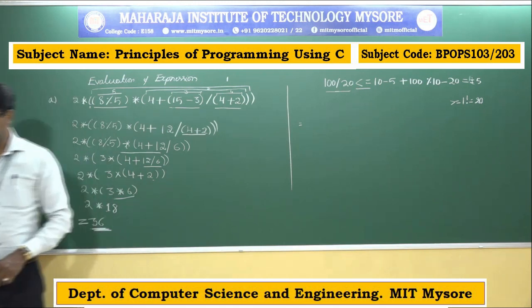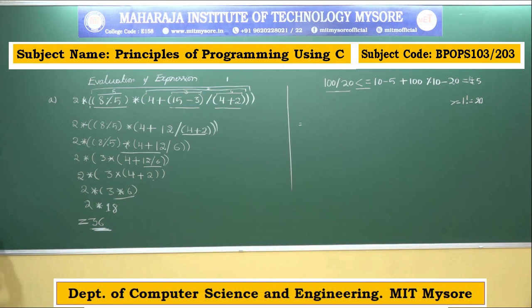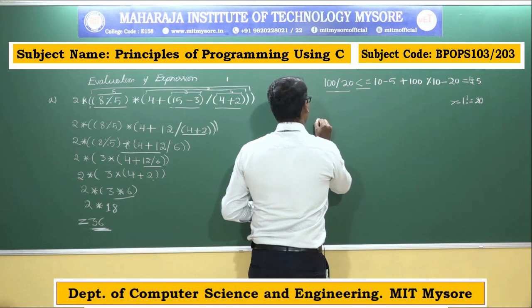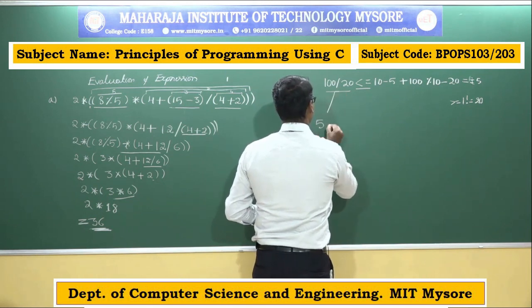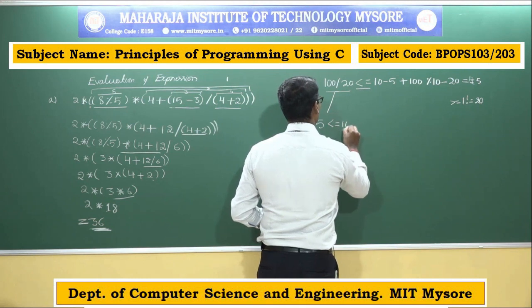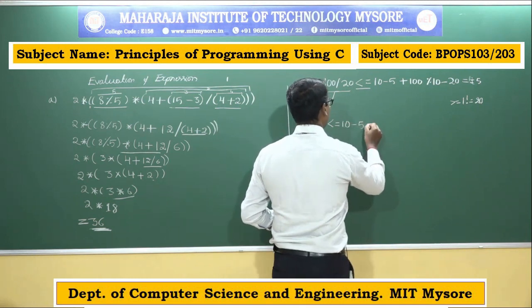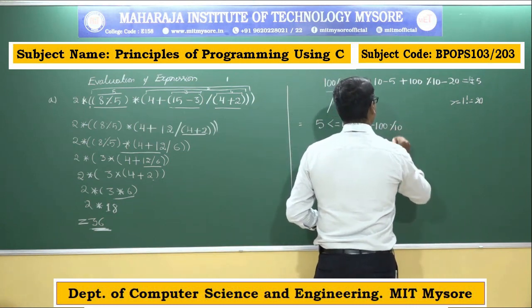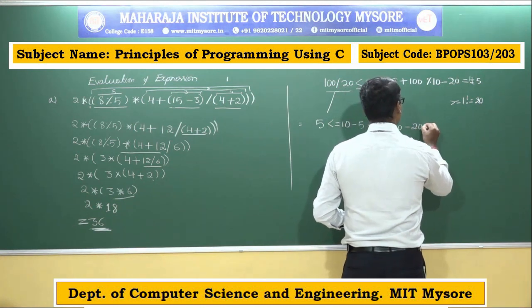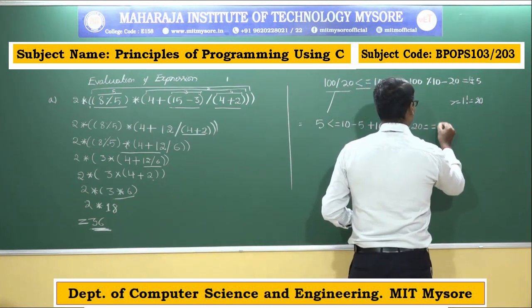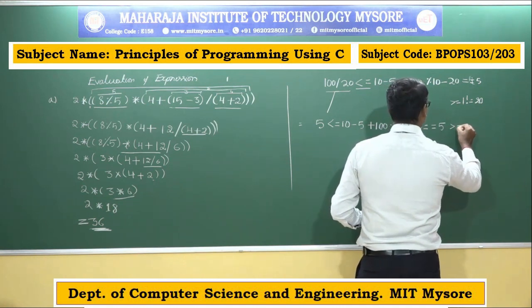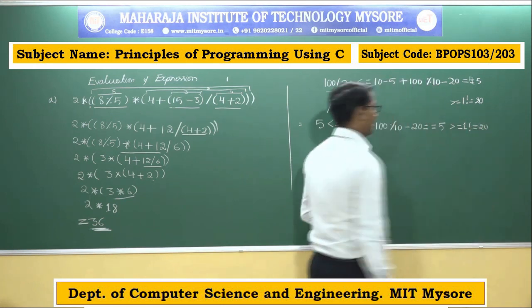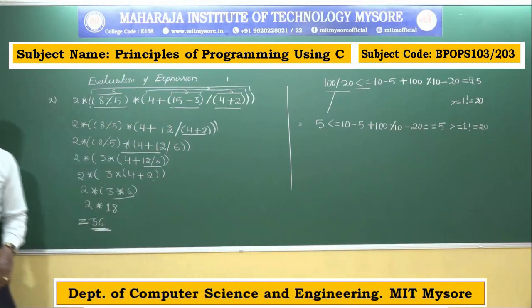First evaluate 100 divided by 20, which is 5. So the expression becomes 5 <= 10 - 5 + 100 % 10 - 20 == 5 >= 1 != 20.